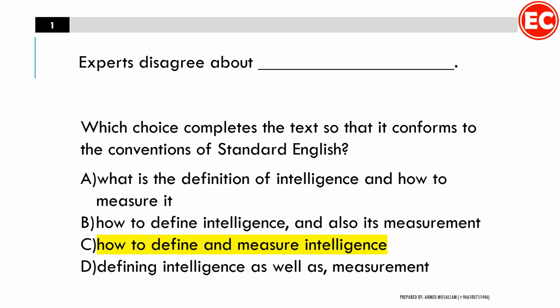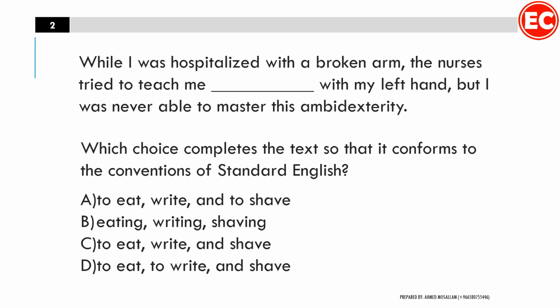You have to do the same for all other examples. Okay, second one here. Pause the video and try to answer it yourself first before I explain the options. In this one, while I was hospitalized with a broken arm, the nurses tried to teach me three things: to eat, to write, and to shave. Here we have "to eat, to write, and to shave." What's missing here?